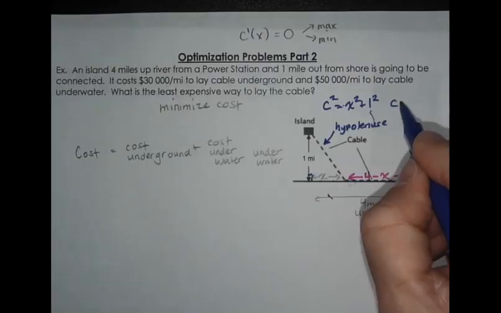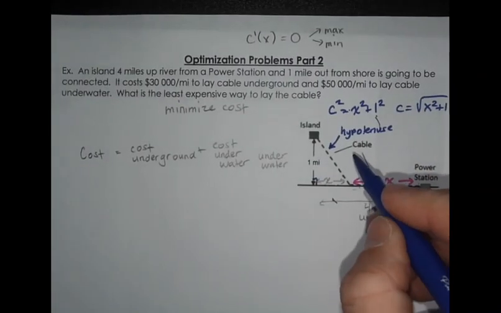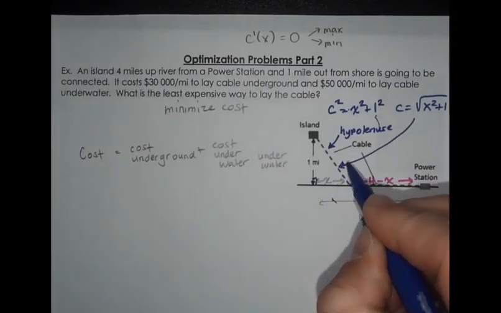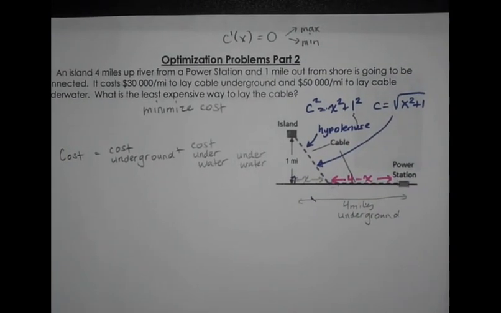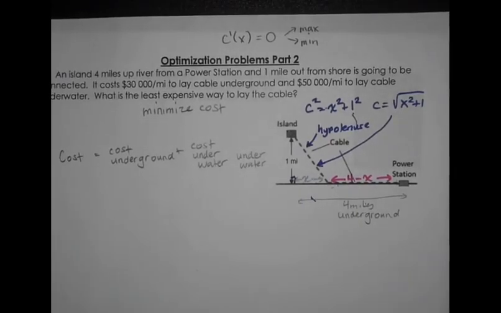And if I take the square root of that, that would be the square root of x squared plus 1. So this distance is that length underwater. So now we just have to build our cost equation.